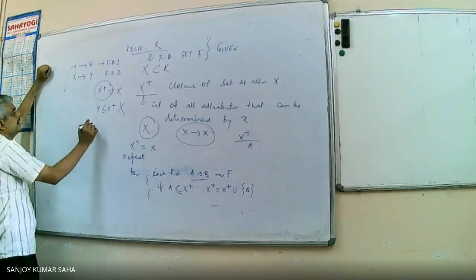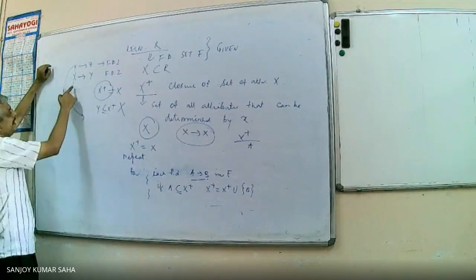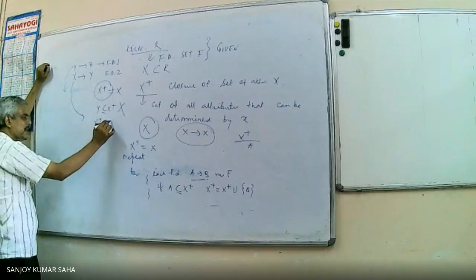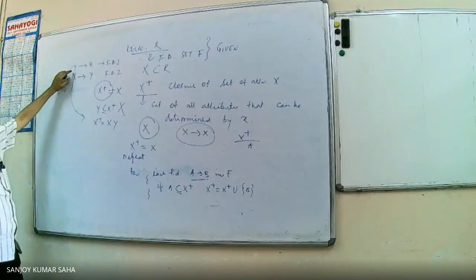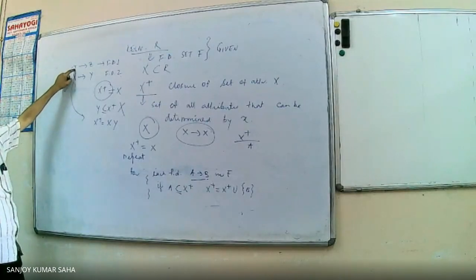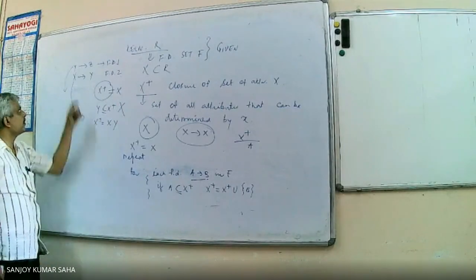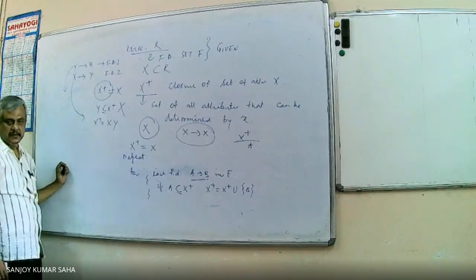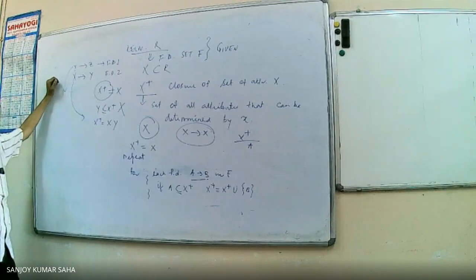If I look into X implies Y, X is already part of X plus, so X plus becomes X plus union Y, that is XY. Now if this one was tried next, then we could have included Z also, because now Y is part of X plus, so Z will be included in X plus.